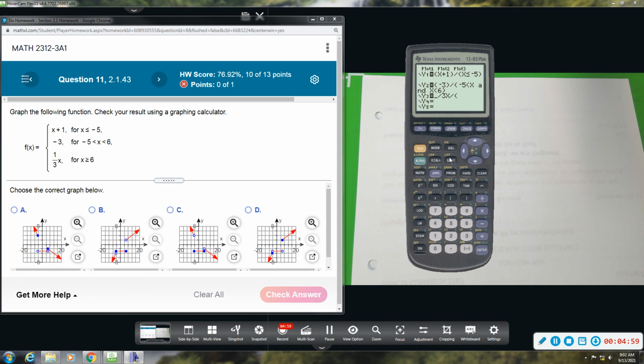Second, insert, open parentheses, and then I go behind the X. Second, insert, close. There we go. All right, so we want X is greater than or equal to 6. So X, second test, option number 4, and then 6. And then we hit graph, and we can see the piecewise function that matches was D.